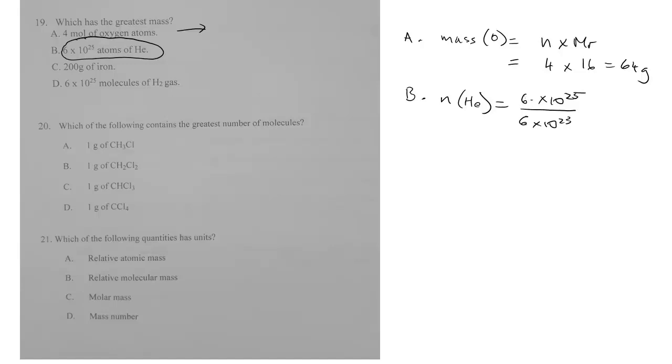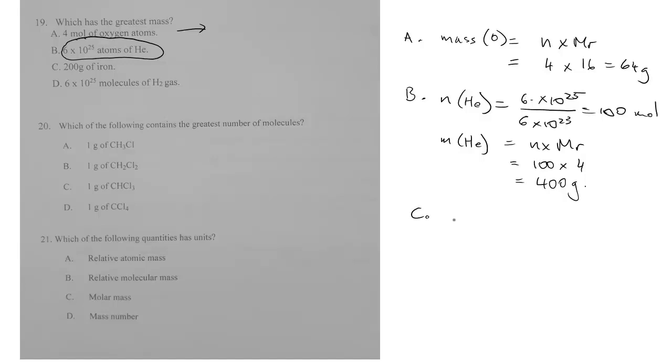And you can see the 6's will cancel and you'll get actually 100 mole of helium. And then we need to figure out the mass of helium. We do that by taking the mole and multiplying it by the molar mass. That's done by going 100 times the molar mass of helium, which is 4, giving 400 grams. So helium's already heavier than the oxygen that we have encountered.